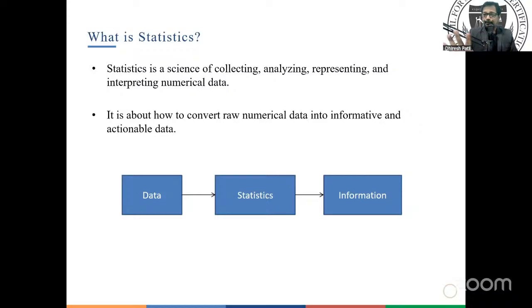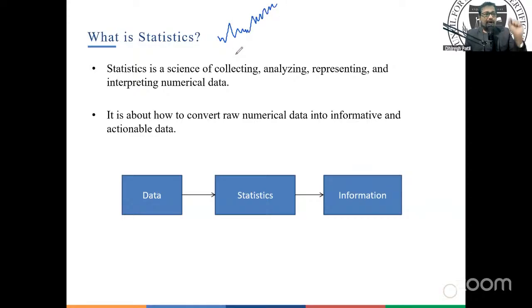So in very simple terms, statistics is a science which converts data into information. That's the simplest definition. From the information, we deep dive and we get wisdom out of it. For example, let's say there is a trend like this.